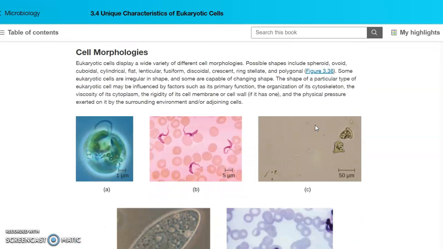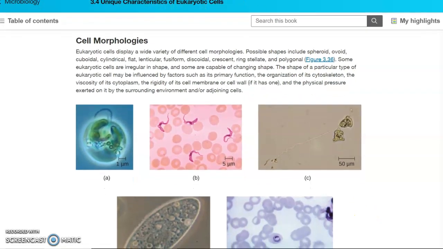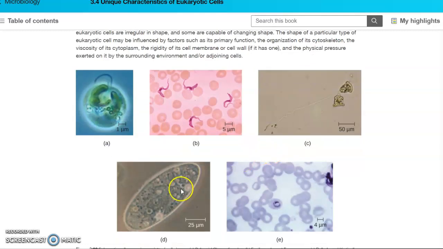Now, if we take a look here, just like we saw with bacterial cells with the prokaryotes, we're going to have different cell morphologies that we'll see with the eukaryotic cells. We'll have some that are more circular in shape, some that are oval in shape, some that live inside our cells, some that have this stringy appearance or this bell or cup-like appearance.